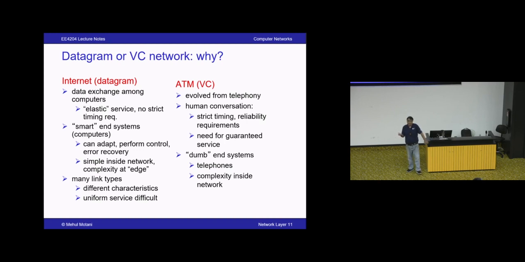If you want to get efficiency by exploiting the fact that resources are not used all the time, then you do packet switching, and essentially all modern networks do packet switching. Okay, they're datagram networks.